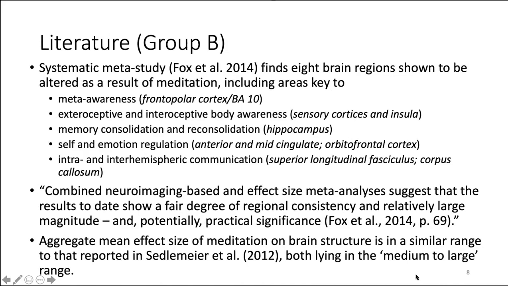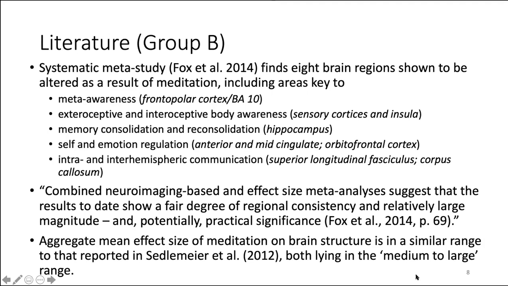Now, in the second group of studies that focuses on the effects of meditation on the brain, there is another meta-study in 2014 which finds a number of brain regions that are consistently shown to be altered through meditation.